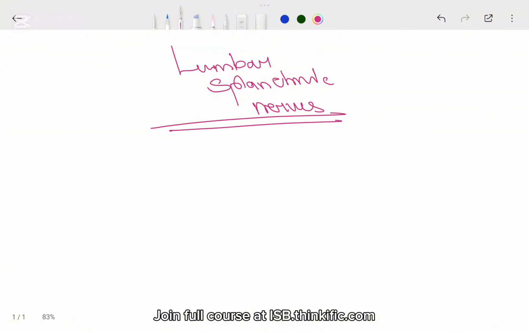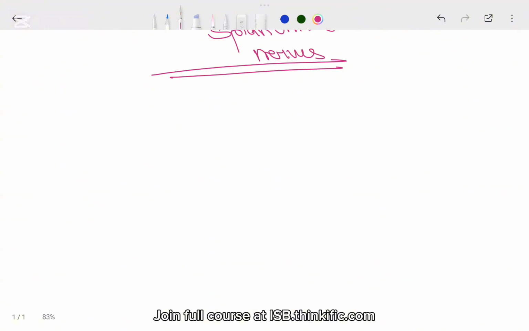Now, moving on to the lumbar splanchnic nerves. The lumbar splanchnic nerves are 2 to 4 in number, they are variable. They originate from the lower, as the name implies, lumbar spinal cord.